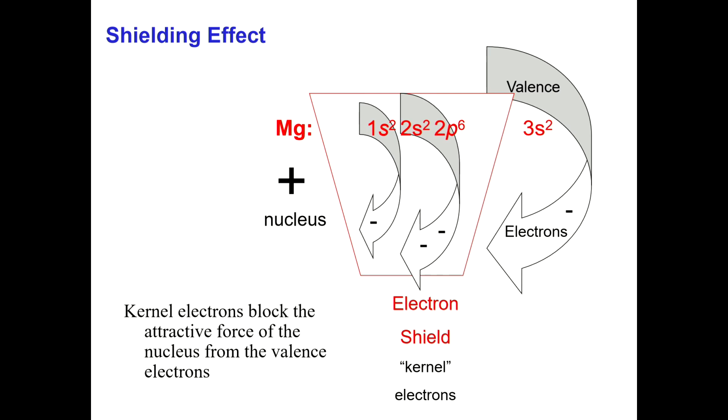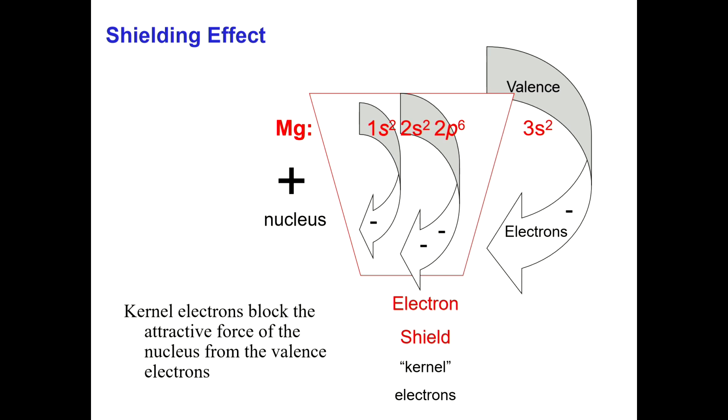So basically, we can separate these electrons into two parts. One is called kernel electrons, or inner electrons. Another part is just the outermost layer. So this is called valence electrons.